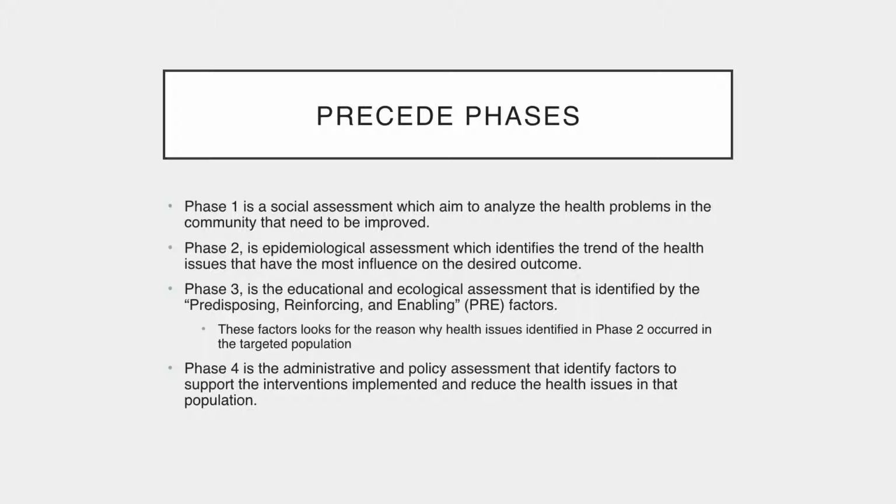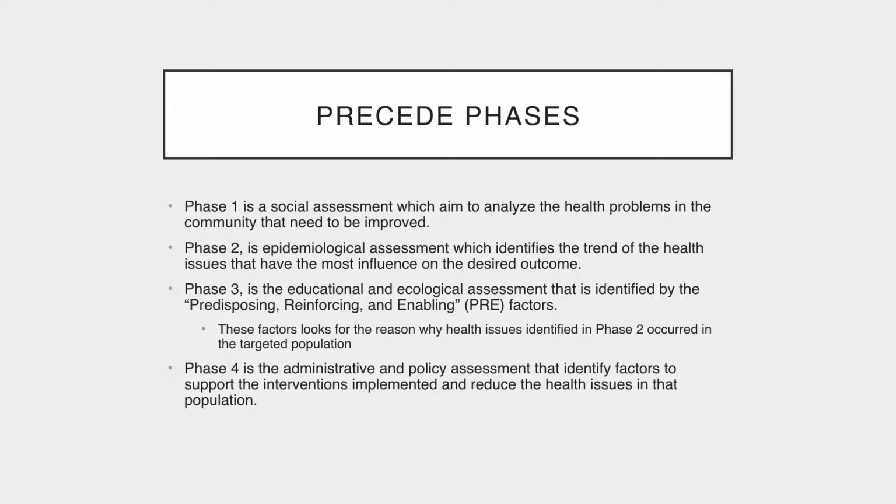The 4 phases of the PRECEDE part of the PRECEDE-PROCEED model are as follows. Phase 1 is a social assessment, which aims to analyze the health problems in the community that need to be improved. Phase 2 is epidemiological assessment, which identifies the trend of the health issue that has the most influence on the desired outcome.